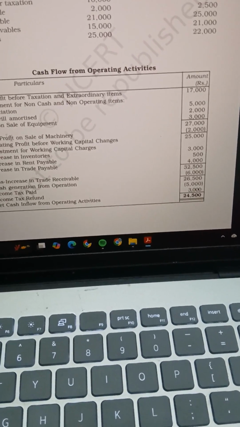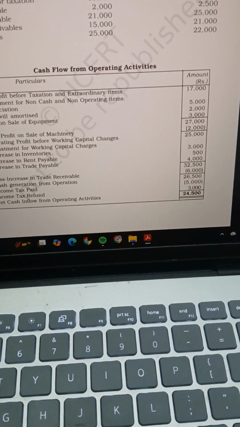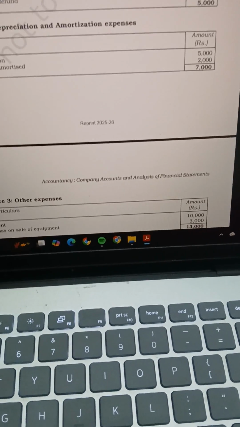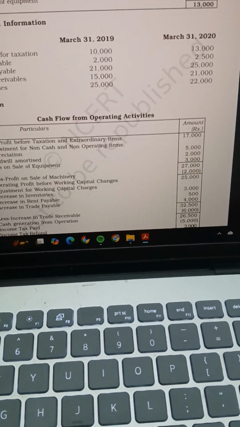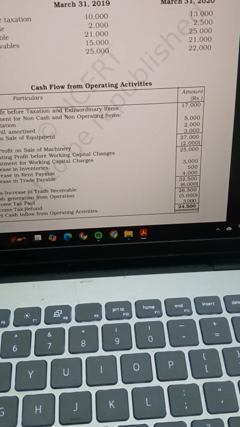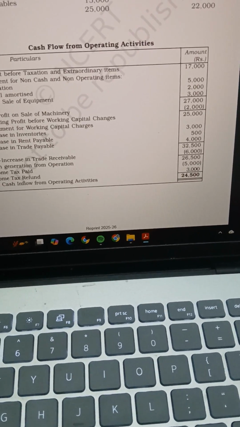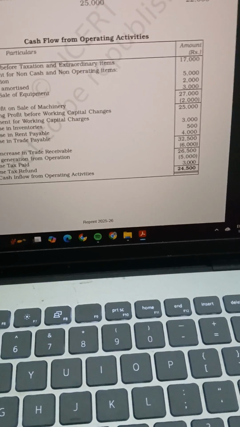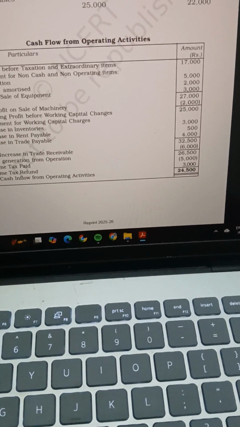There is also a profit on sale of machinery given. That one we have to reduce from the 27,000. Then the resulting amount, 25,000, will be the operating profit before working capital changes.